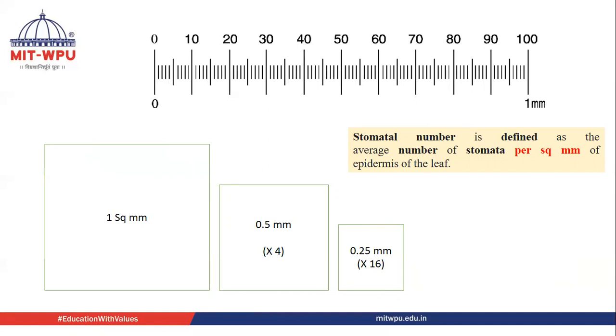The point is that the smaller you go, the more mistakes happen. Because the person who is identifying the stomatal number and the epidermal cells should be able to differentiate between stomata, epidermal cells, and other cells also. If a person commits a mistake in 1 square mm, that mistake will be counted one time only.